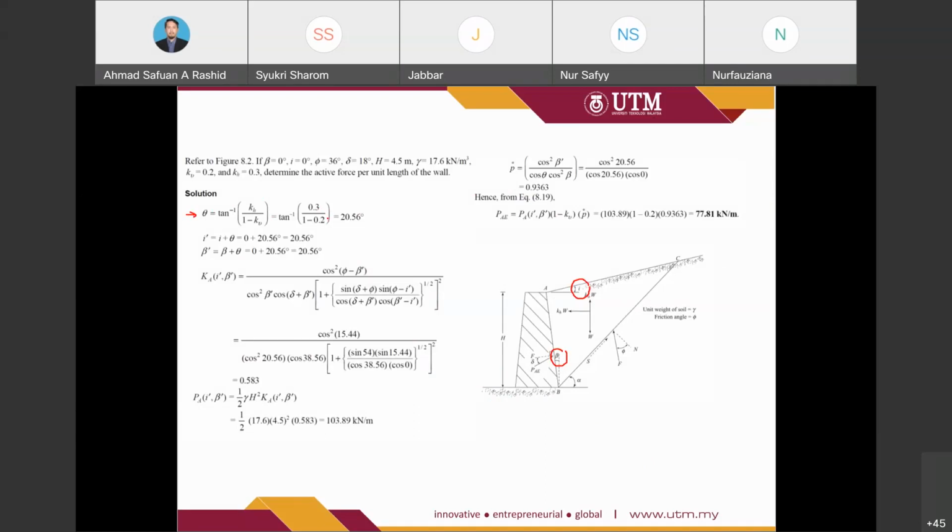Then we may calculate the I prime and beta prime, where I in our case is equal to 0 and beta is also equal to 0. So the I prime and beta prime are equal to 20.56 degrees.